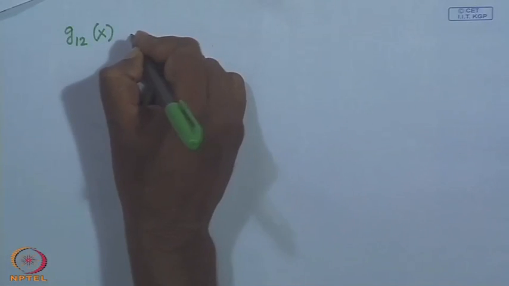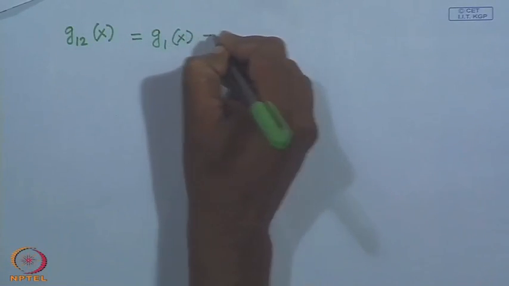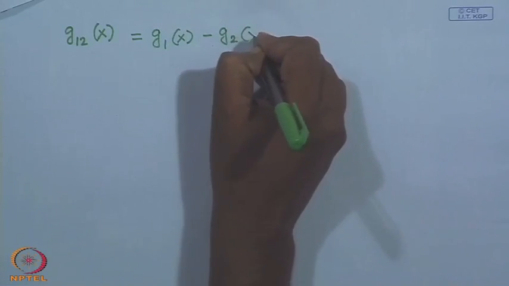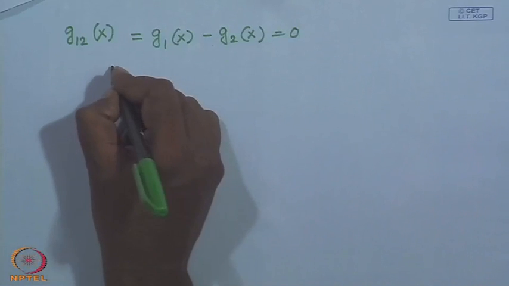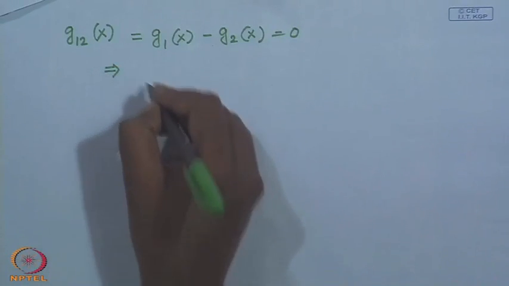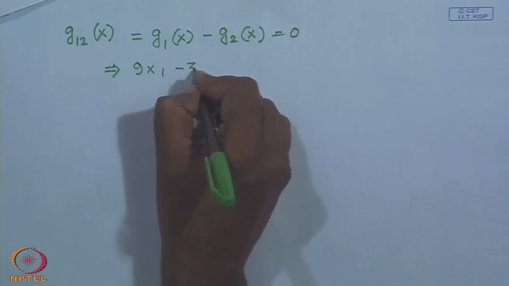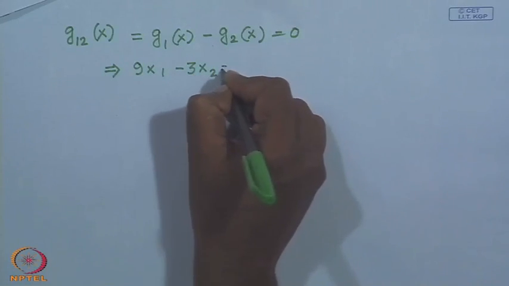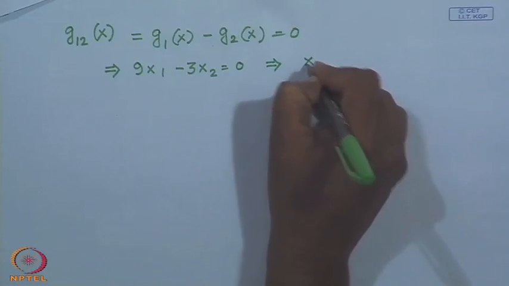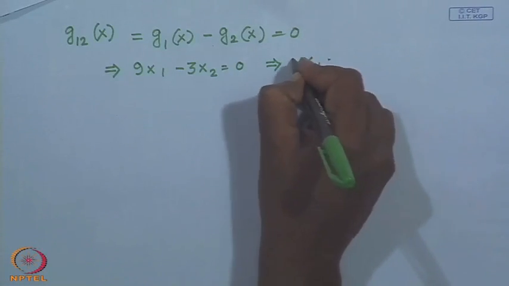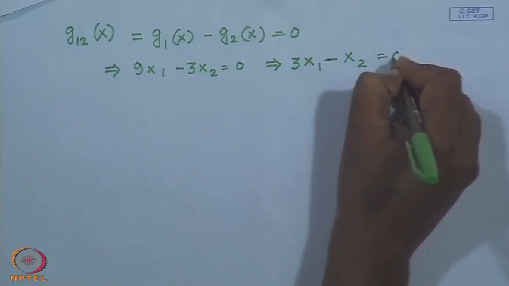Equating this to 0, 9x1 minus 3x2 equal to 0, which is nothing but 3x1 minus x2 equal to 0.